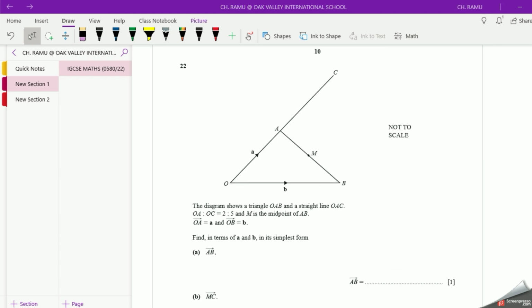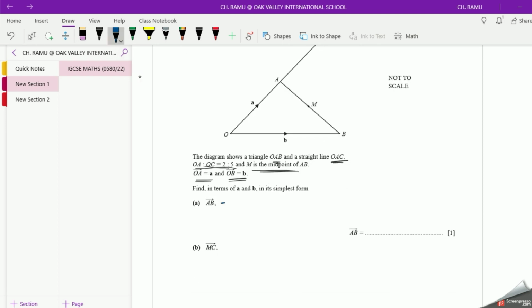Question number 22. Now they have given the diagram, OAB is a triangle and a straight line OAC. They mention the ratio of OA to OC is equal to 2:5, and M is the midpoint of AB. OA is equal to a, OB is equal to b, they have given very clearly. So now we need to find out the value of AB.